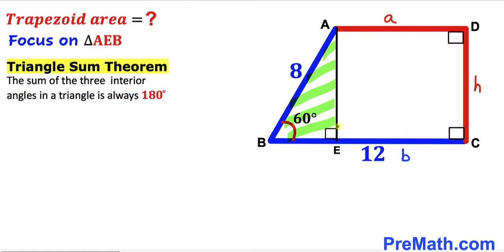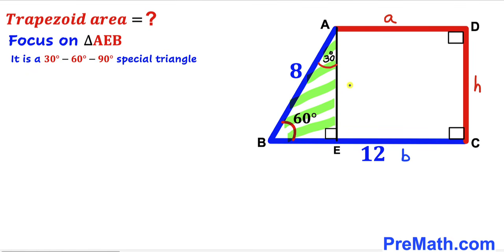Here this angle is 90 degrees, and this angle is 60 degrees. So angle BAE has got to be 30 degrees. Therefore triangle AEB is our 30-60-90 special triangle.